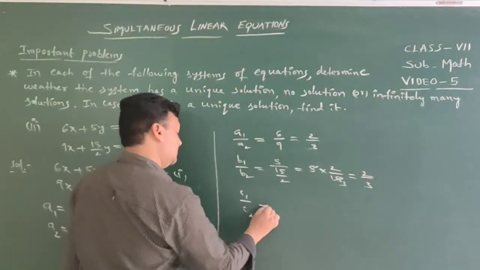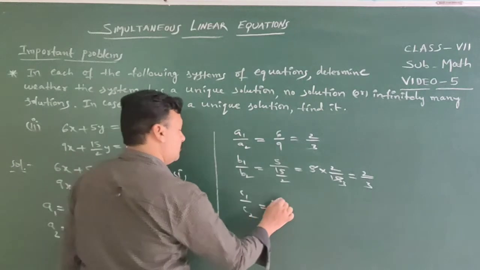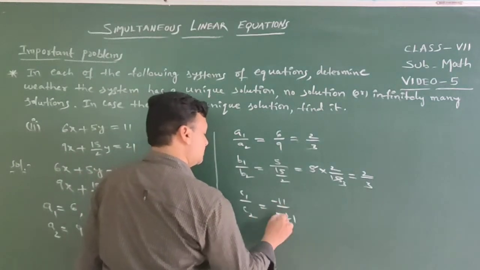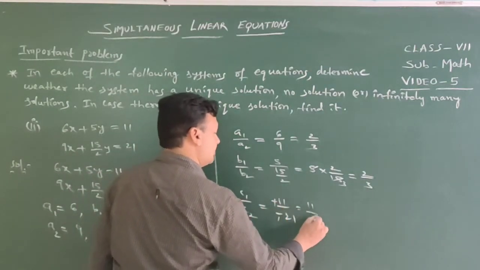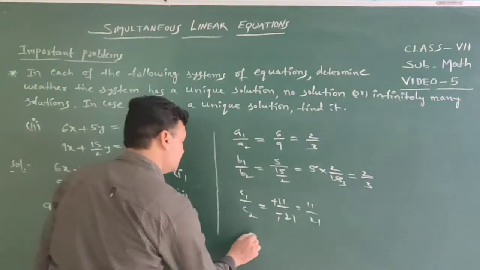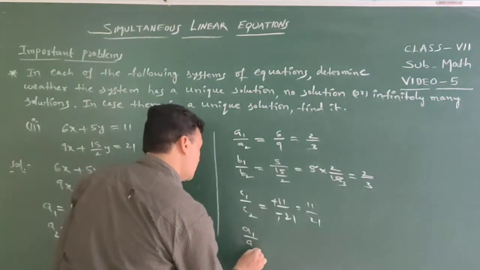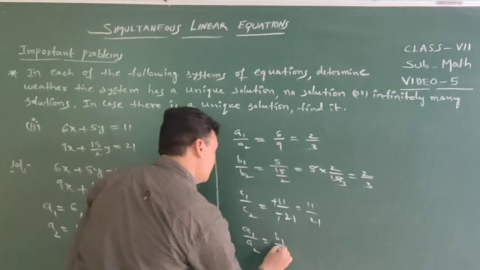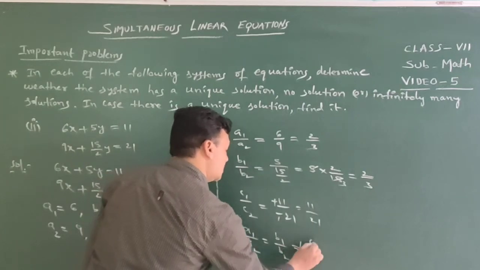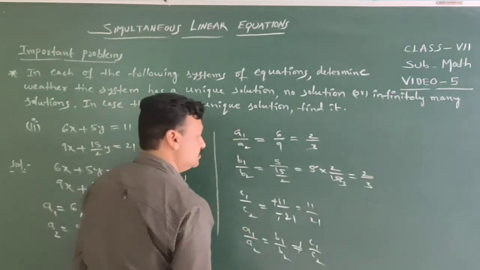Now c1 by c2 is minus 11 by minus 21, that is 11 by 21. Here a1 by a2 equal to b1 by b2 is not equal to c1 by c2.